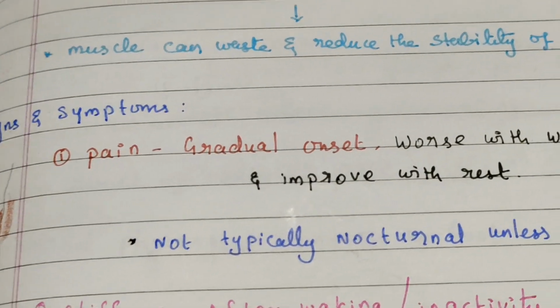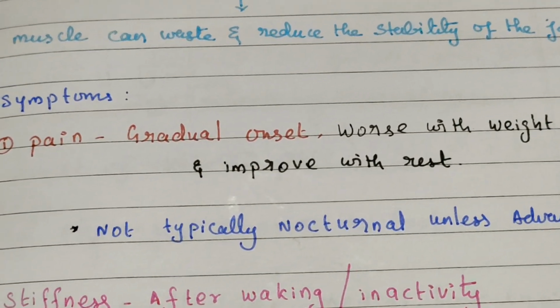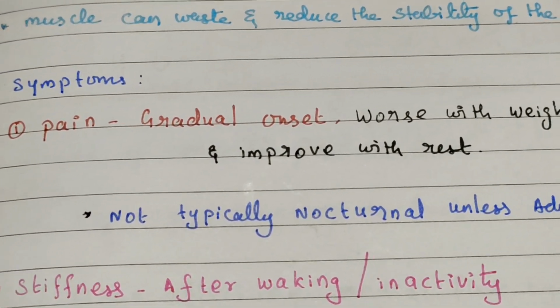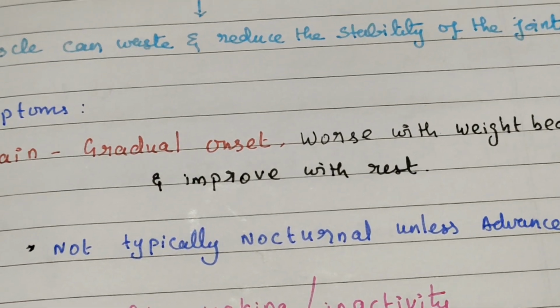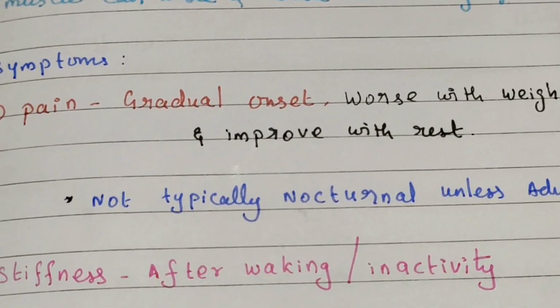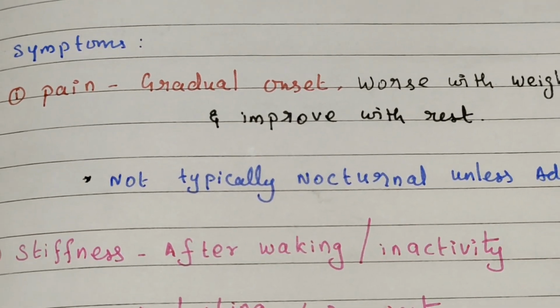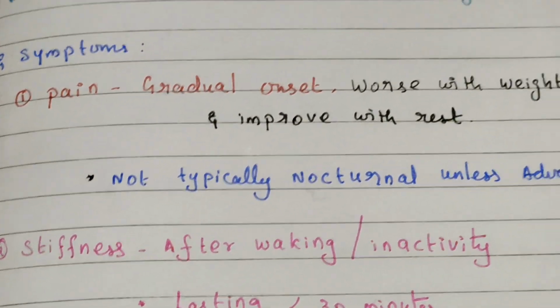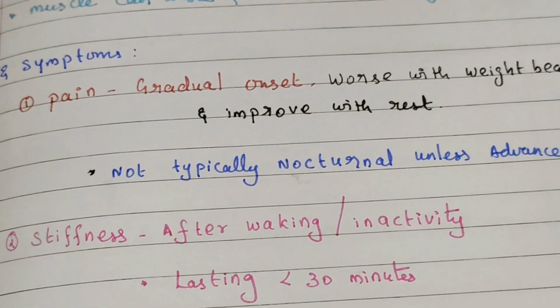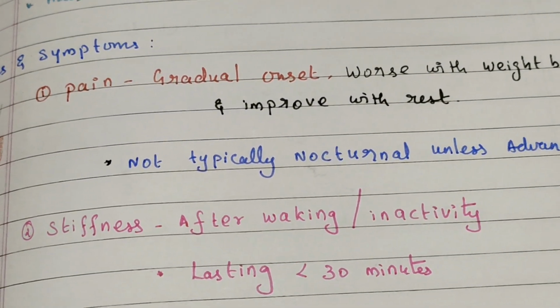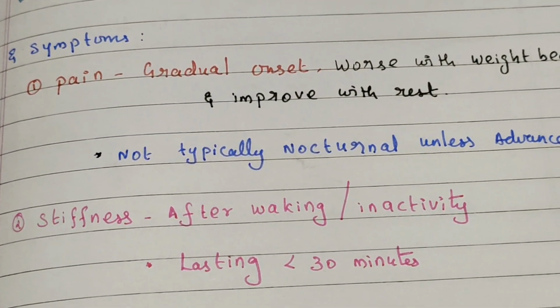Next are the signs and symptoms. Pain is the most common symptom, usually with gradual onset. It is often worse with weight bearing and is relieved by rest. However, with progression, it can become constant.